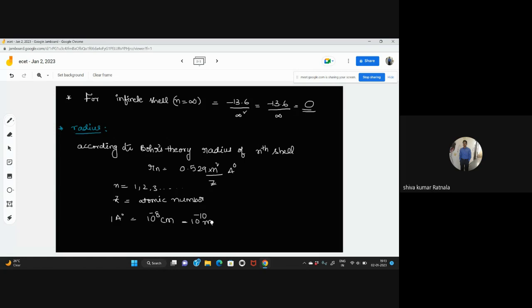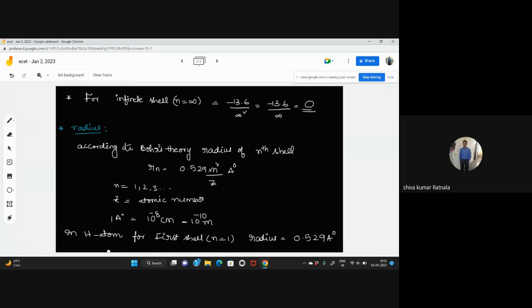This is about the radius formula. So for the first shell in a hydrogen atom, that is n equal to 1, the radius equals 0.529 angstrom units.